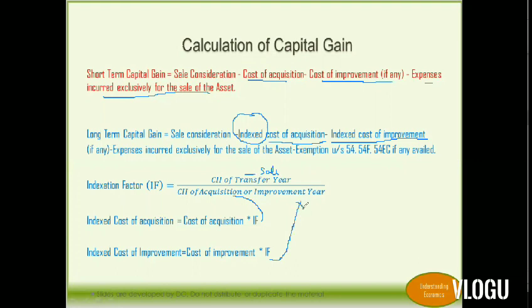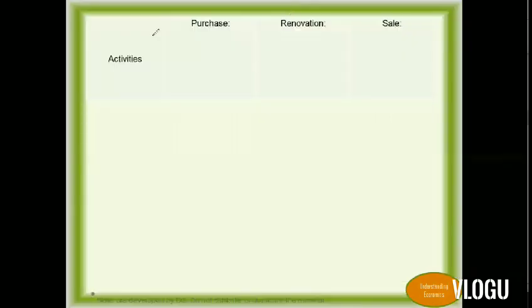Now let us see with the values how we can calculate it. First we will consider the dates to identify whether the capital asset is short-term or long-term. In the first question, from the information we have grabbed, the purchase year is January 2011 and the year of renovation is May, the same year 2011.